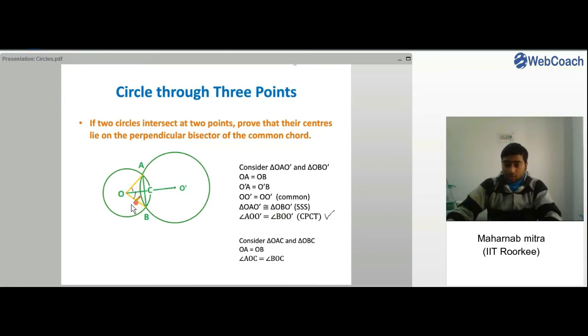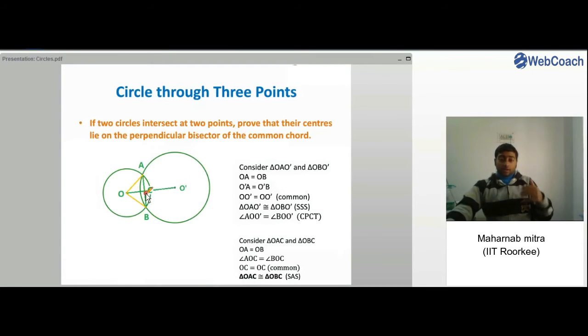Now we have shortened the arm to the intersection point, which is C, and are calling these angles AOC and BOC. So these two angles are equal, and OC is common for both of them. So once again we have got three criteria to prove that these two triangles are exactly alike.